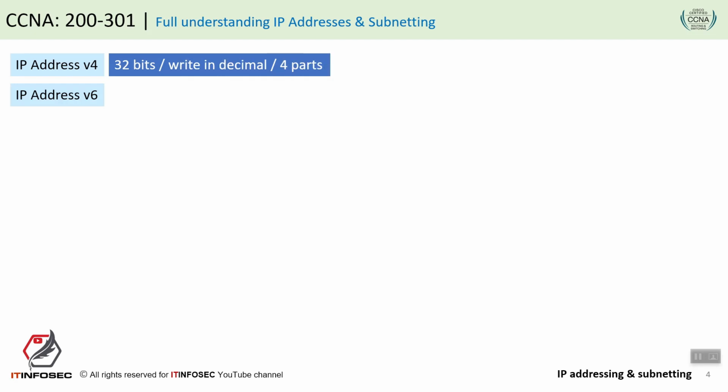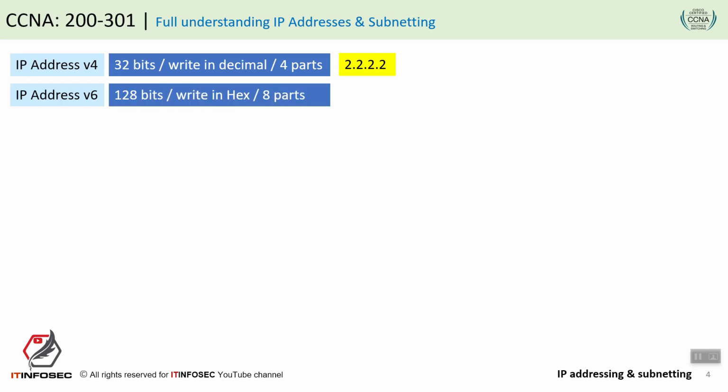IP version 4 has 32 bits, is written in decimal format, and has four parts we call octets, such as 2.2.2.2. But IP version 6 is 128 bits, written in hex format, and has 8 parts, such as this one, 2340:0000 and so on. We will discuss IP version 6 completely in this course as well. Don't worry about that.